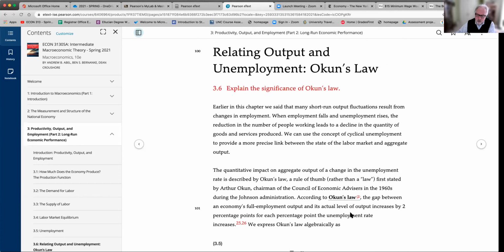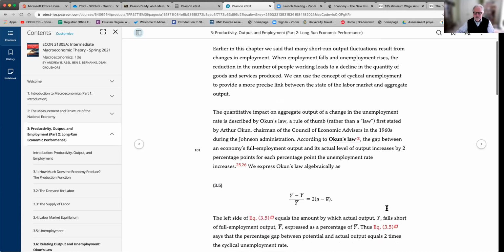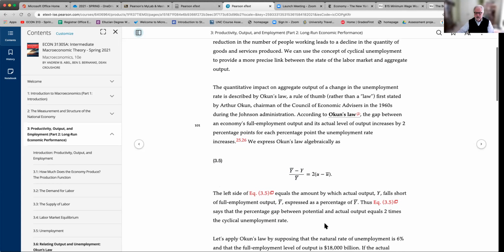What Okun found is that there is a relationship that has been fairly consistent: the deviation of GDP away from full employment in percentage terms is related to the deviation of the unemployment rate from the full employment unemployment rate with this mathematical relationship. It's a straightforward relationship, and I don't really need to say anything more about that.